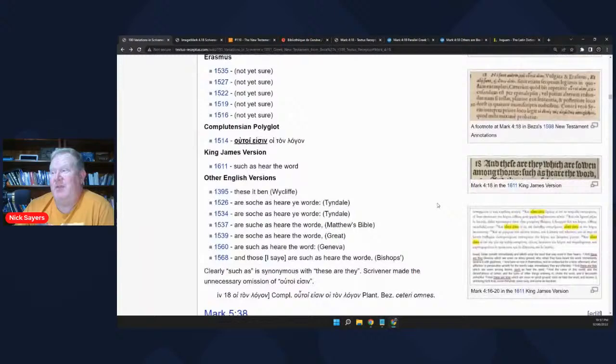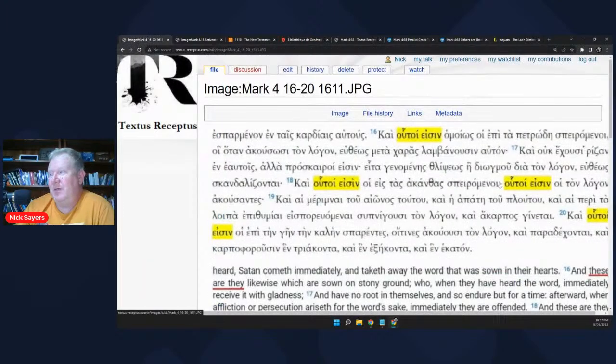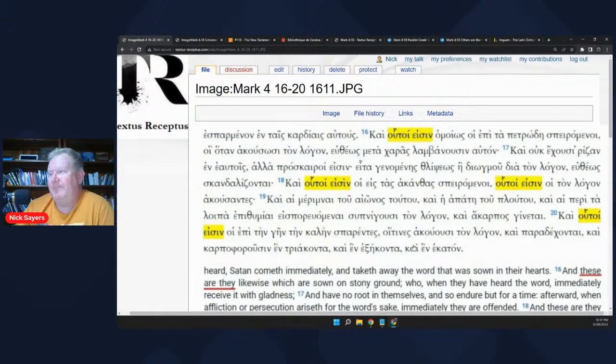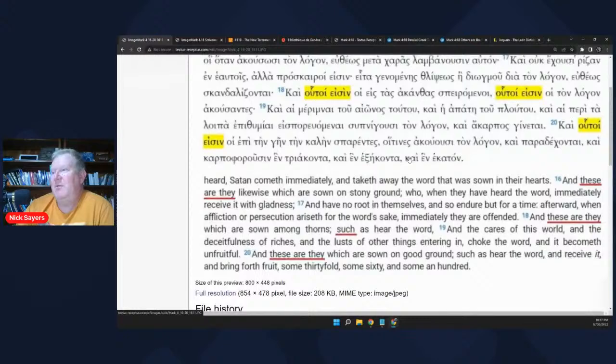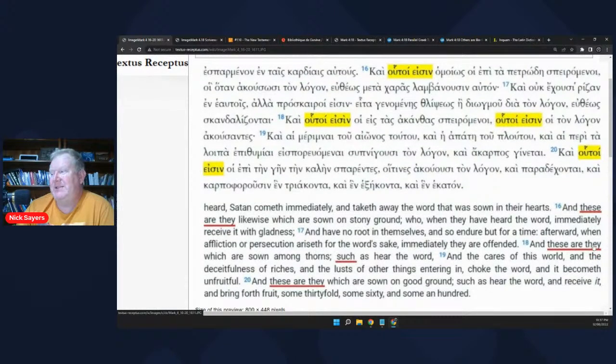I think you can see that clearly too with our little picture here, where clearly it's in the same verse, and so we have the semicolon. We've got "and these are they which are sown among thorns," and then it's creating a new sentence here almost.